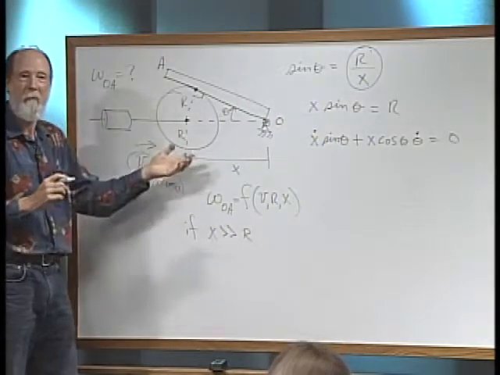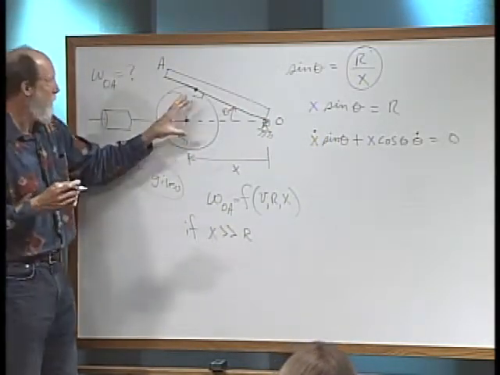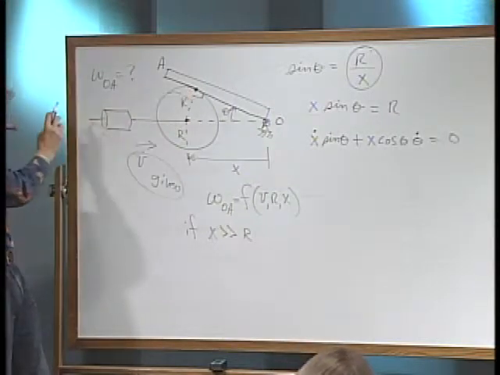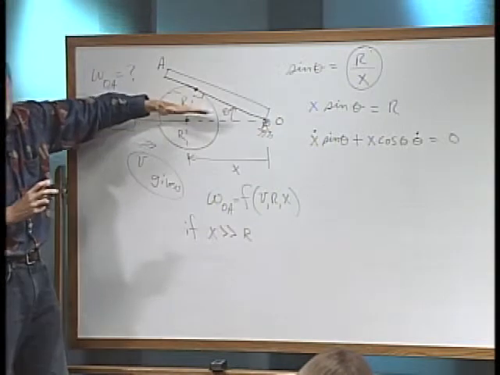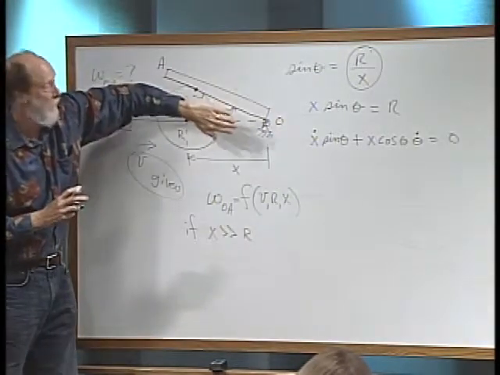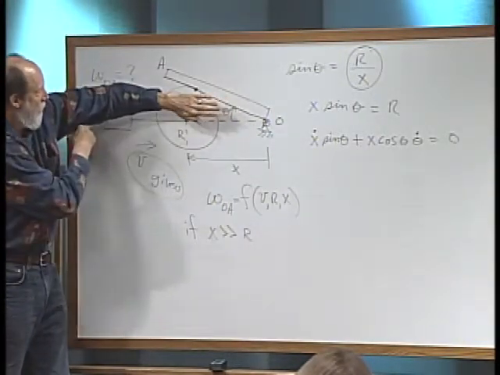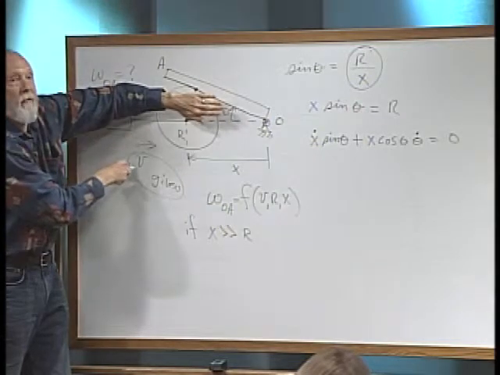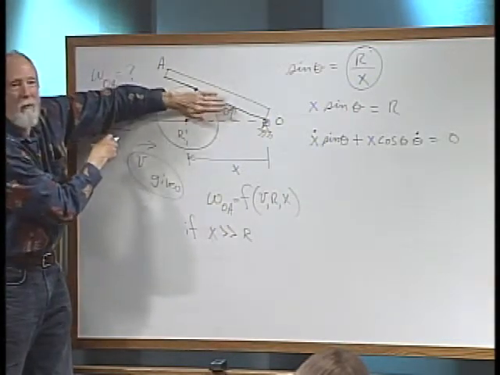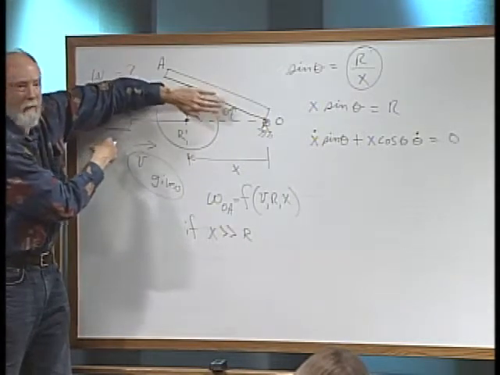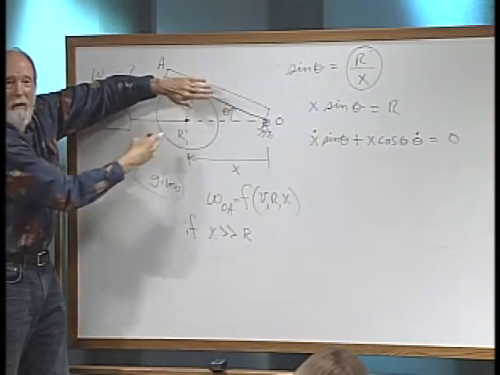It'd be really small, wouldn't you? Imagine this disc is way back off to the left, and this arm is laying almost flat here. As this disc is being driven in at a constant velocity to the right, we're not expecting to see much rotation occurring if that x is really large relative to the radius.